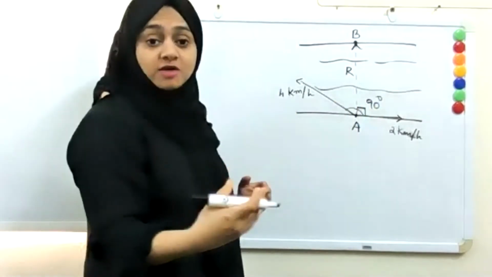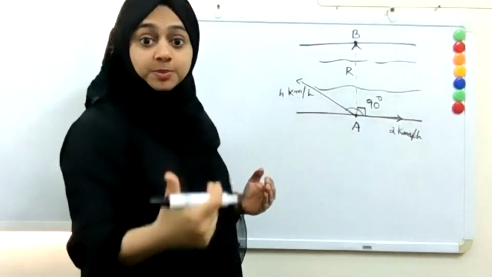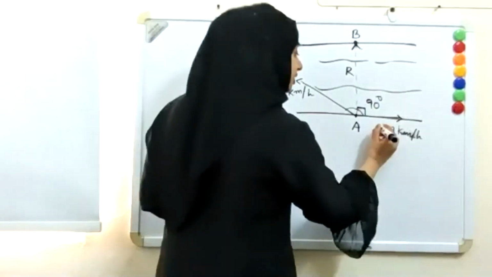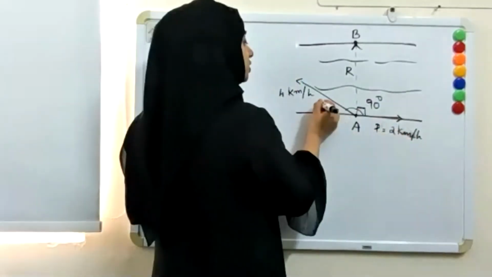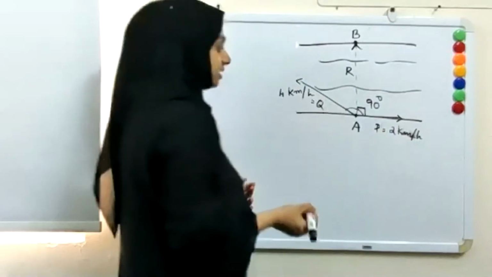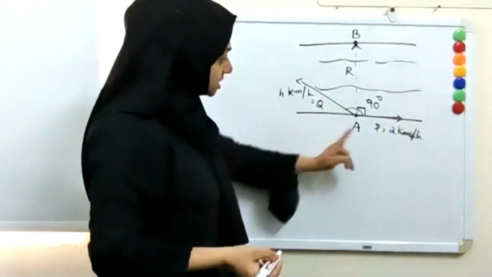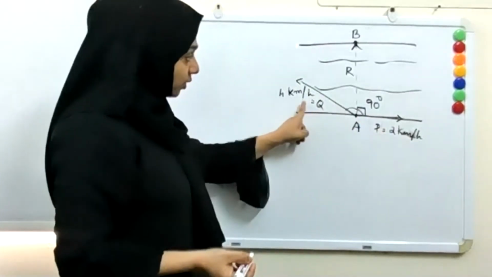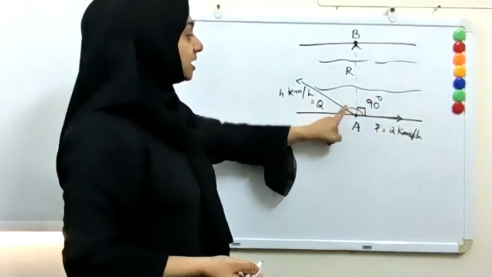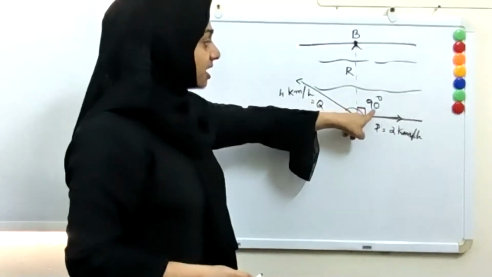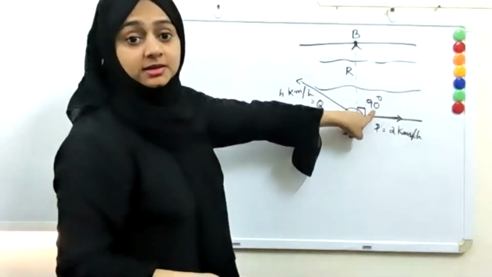For the formula, we usually use the symbols P and Q: P for the first vector and Q for the second vector. What should be the angle between them? The resultant angle is 90 degrees.